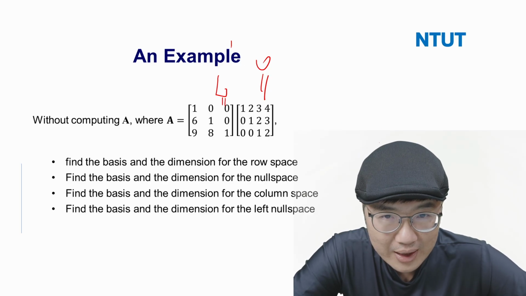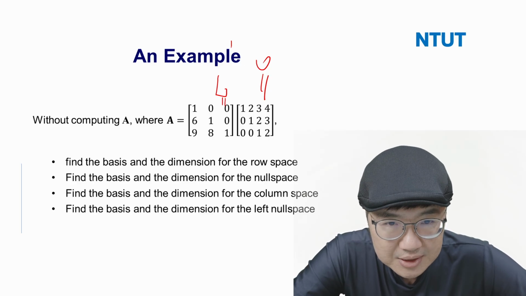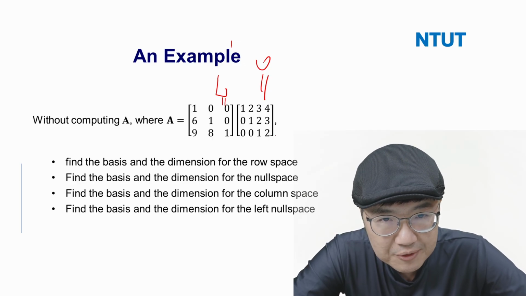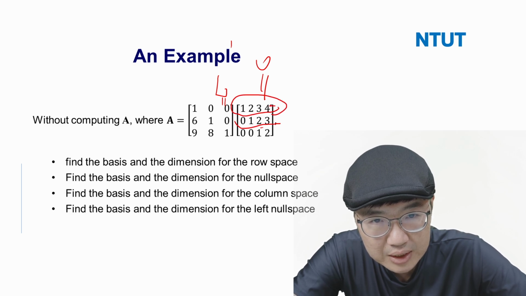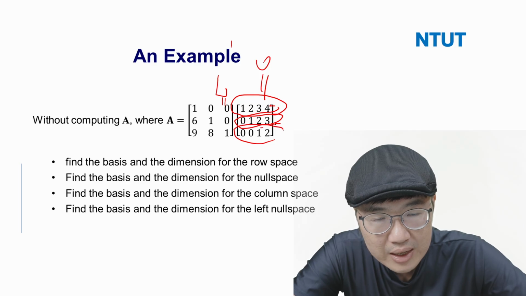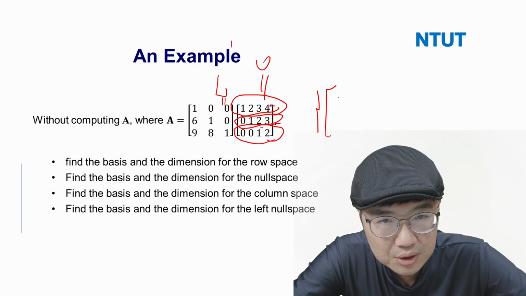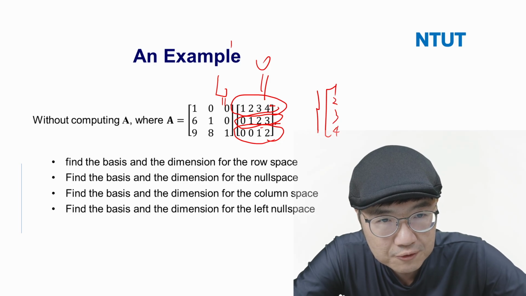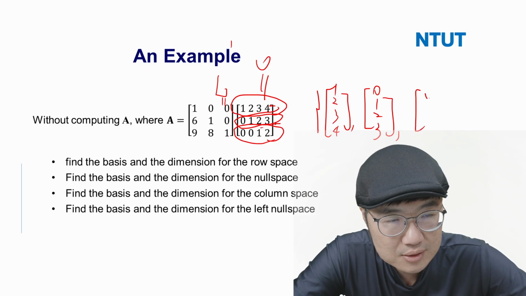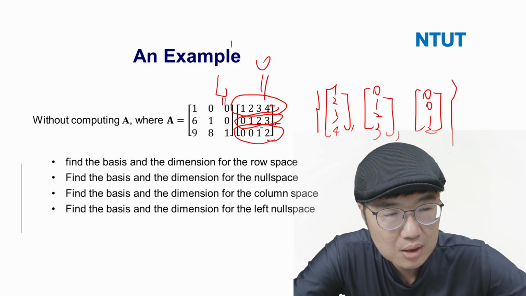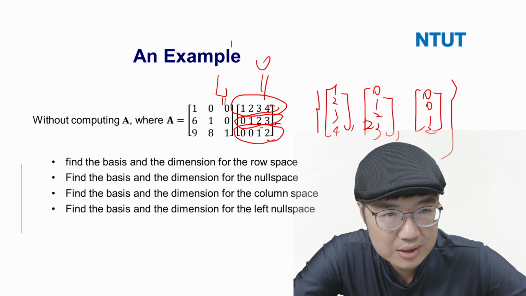For A equals LU, the basis of the row space can be found by the independent rows in U, and as we have 3 independent rows, 1, 2, 3, 4, 0, 1, 2, 3, and 0, 0, 1, 2 are my basis for the row space, and the dimension is R3.